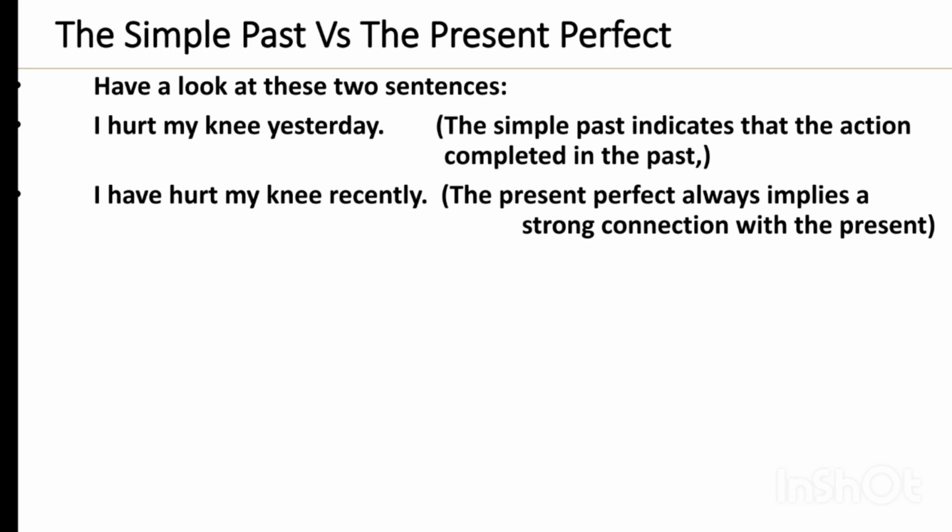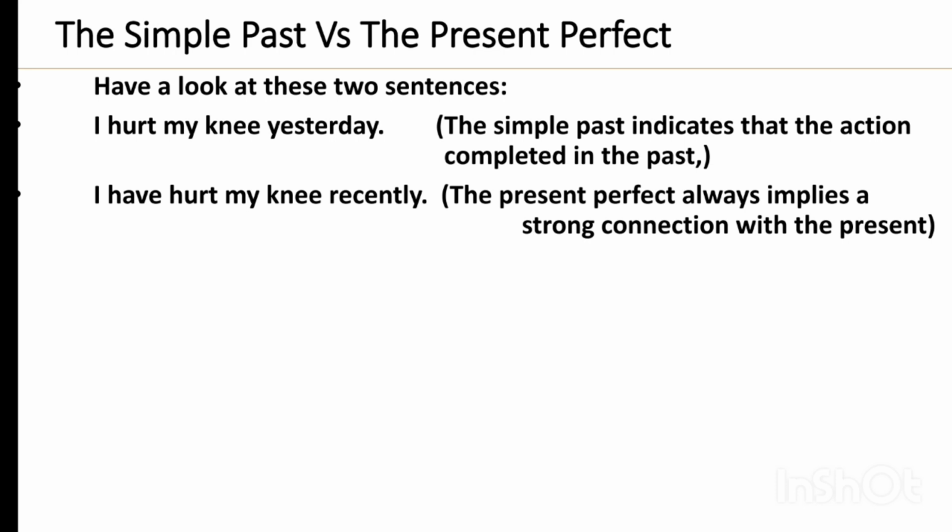If you say, I hurt my knee yesterday, it implies that I hurt my knee yesterday, but now it's alright. Now it's not sore. Now it's okay. I have hurt my knee recently means the action is still connected to the present. That is the specific characteristic of the present perfect tense.